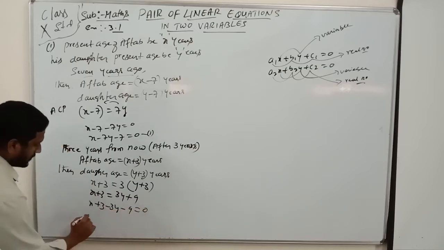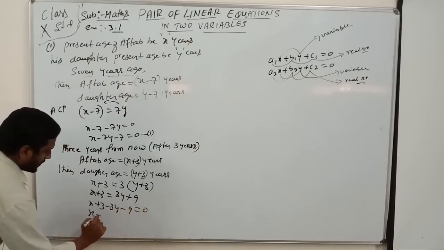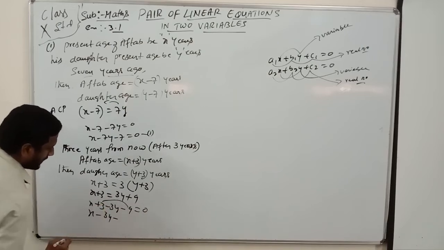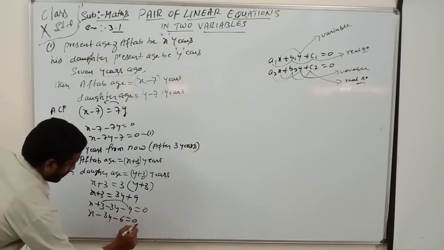So in standard form, x minus 3y minus 6 is equal to 0. Call it equation 2.